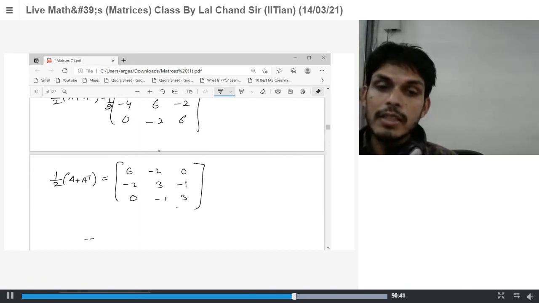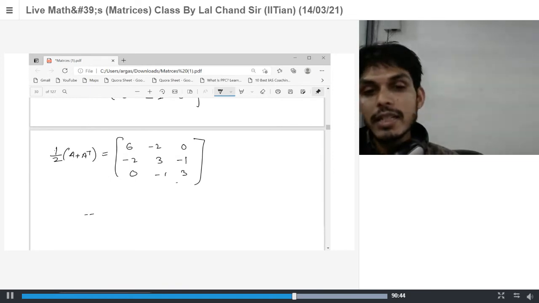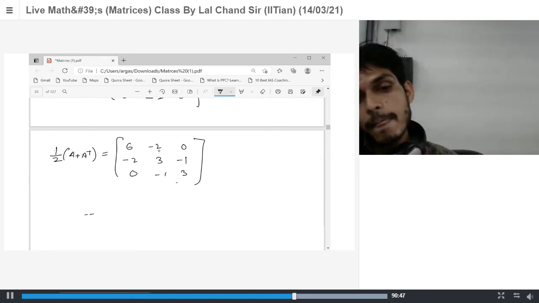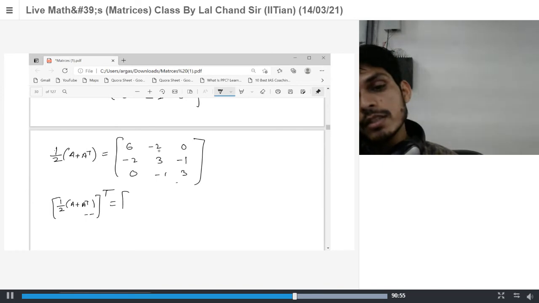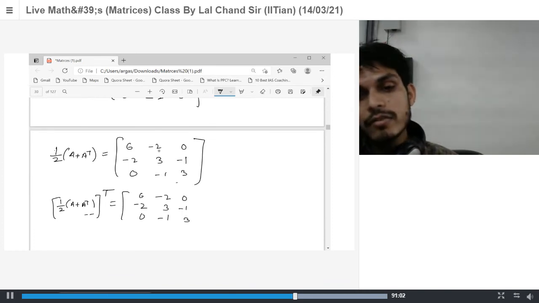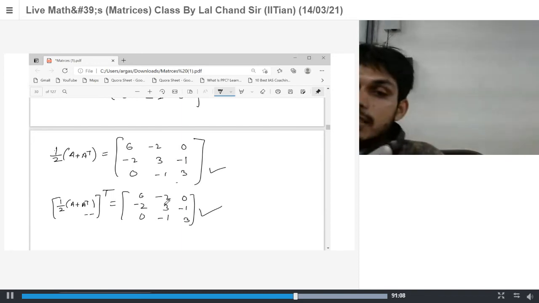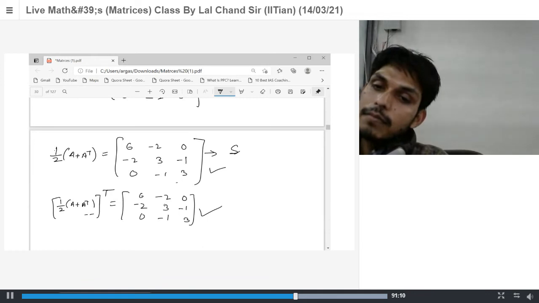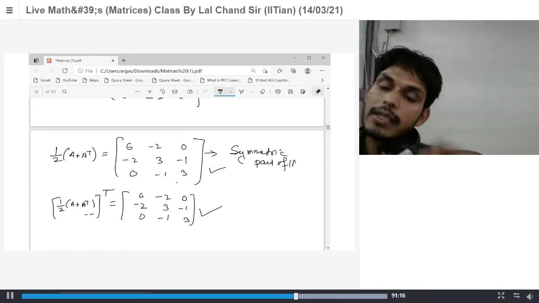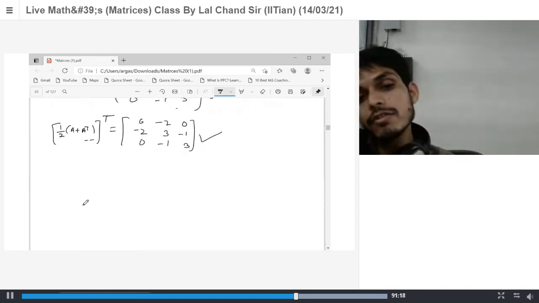Okay, if I check whether this is symmetric or not, let us take the transpose of this. What will be the transpose value? 6, minus 2, 0. Minus 2, 3, minus 1. 0, minus 1, 3. So we can say these are equal. So this is a symmetric matrix. This is the symmetric part of the matrix. So now we need to find the skew symmetric part.